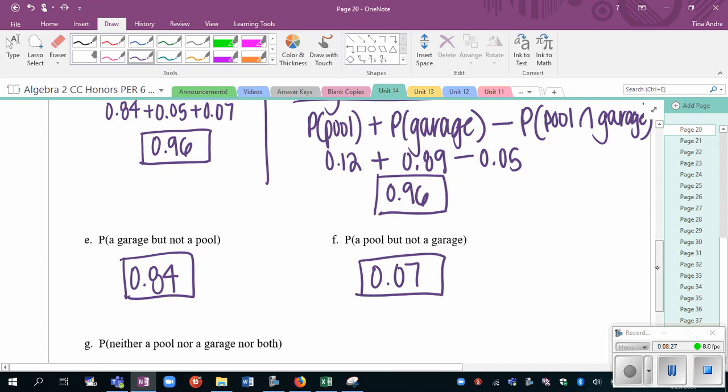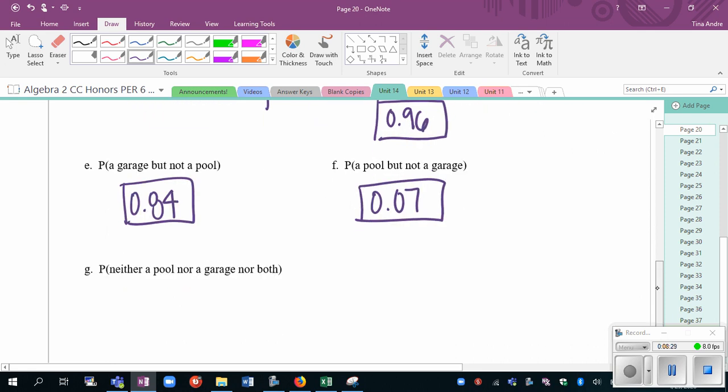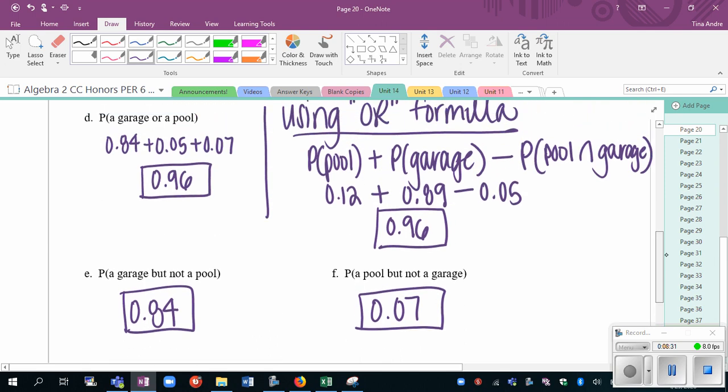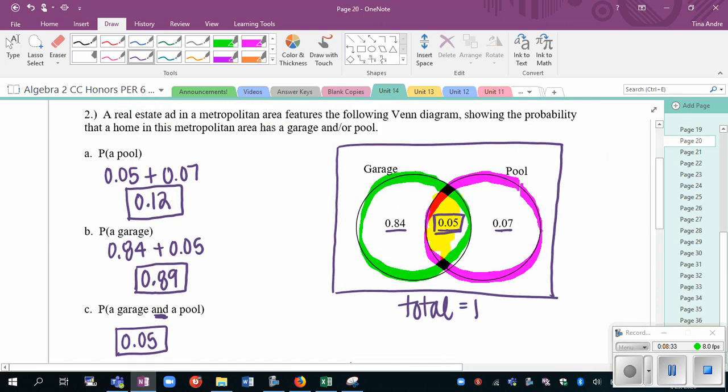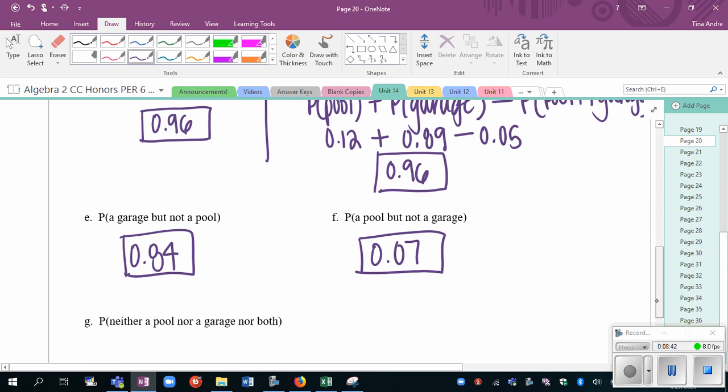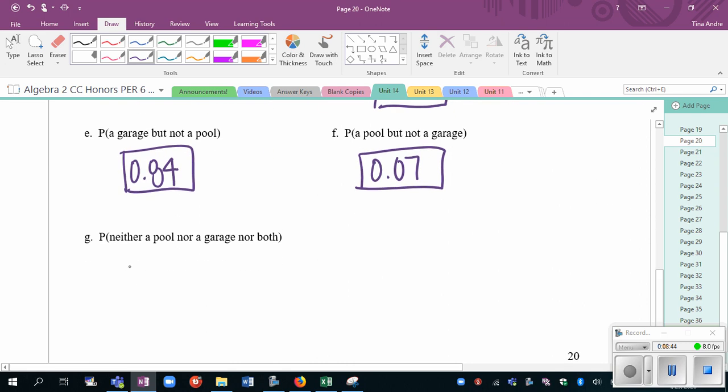And then neither: neither a pool nor a garage nor both. So basically the outside. These added up to 0.96, so 1 minus that 0.96 tells us there'd be 0.04 left. So it's the outside of the circles that we're looking at.